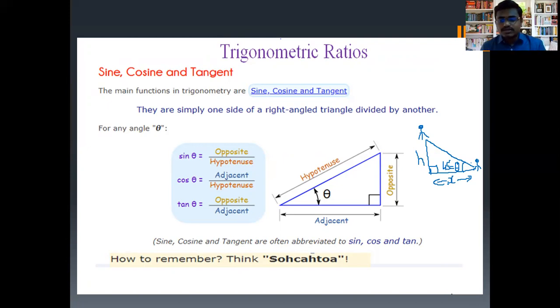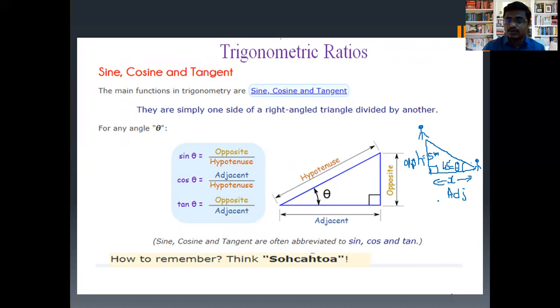In this scenario, this is the adjacent side for the angle, and this is the opposite. So we have the angle as well as the opposite side length, which is, let's say, 5 meters or 10 meters, whatever it might be, and we need to find the adjacent side of the triangle.